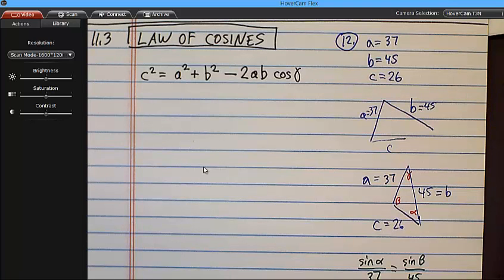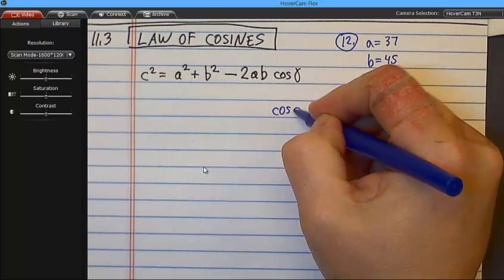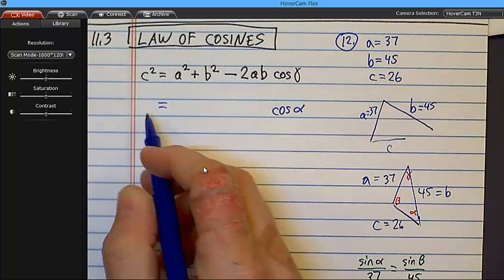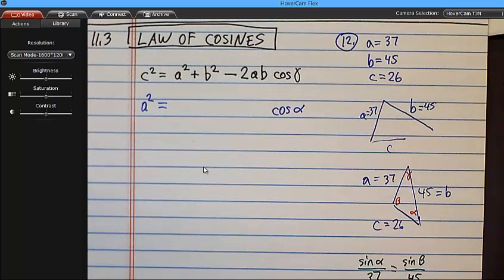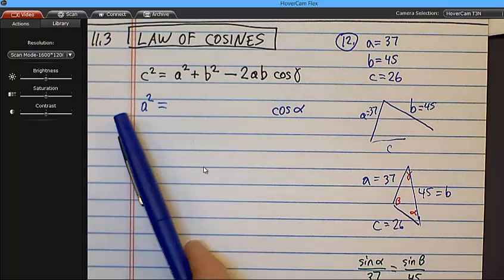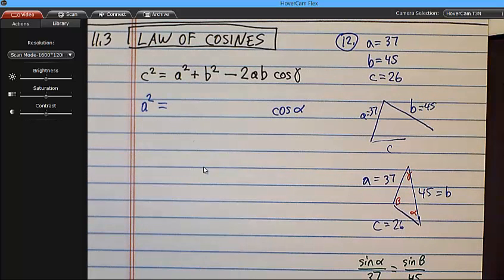So Justin said, hey, let's go for alpha. So I know that if I'm going for alpha, that means over on here, I'm going to put a squared. Okay? So I'm going to write a squared equals. And then what am I going to write here? Well, I'm going to write the other two sides. What are they going to be?